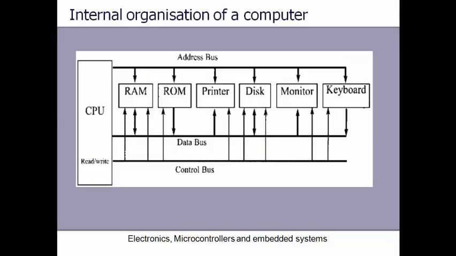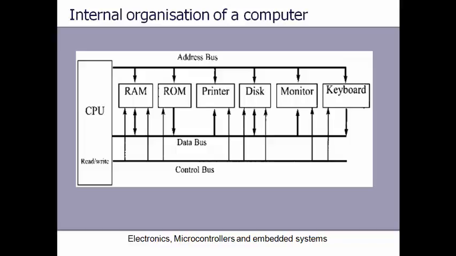So as we see here, the computer brain, the CPU, the central processing unit, has 3 buses. What are the main buses? Which are the address bus, control bus and data bus, which are connected to most of the peripherals of the computer and the internal memory.